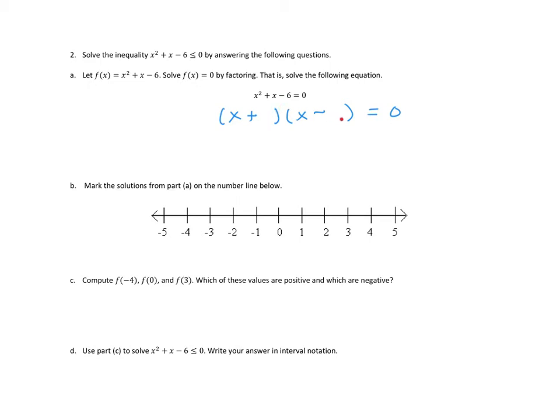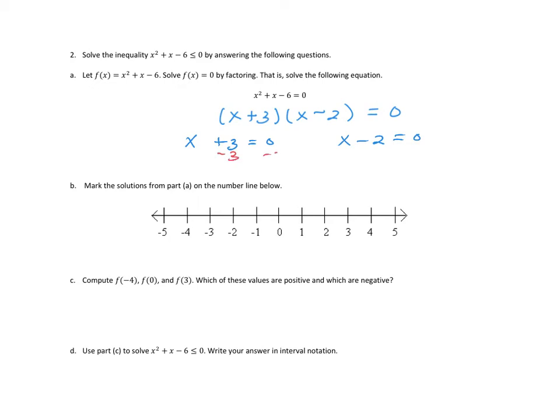So I think it's going to be +3 and -2. 3 and -2 multiply to -6, but they add to +1, which is in front of the x. We can now set each factor equal to 0 and solve for x.